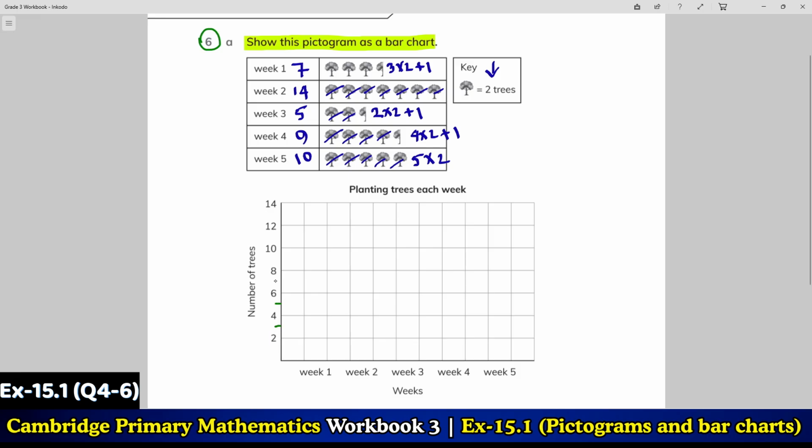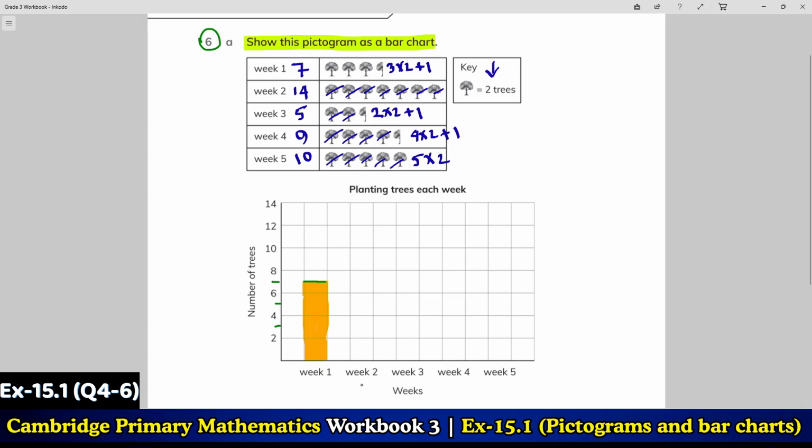It's a 5, it's a 7. So first week, it means here is a 7, right? We can draw more clearly. Now we will draw 7. This is our first week.